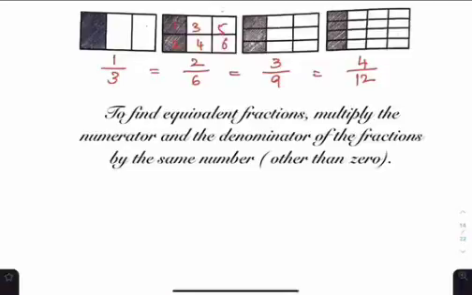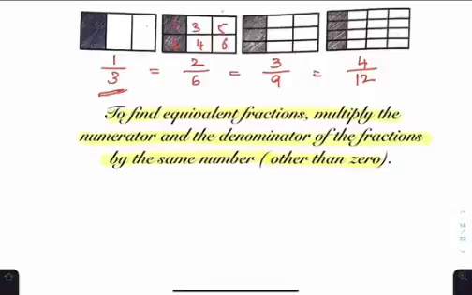If I don't know whether they are equal or not, or if I have to find an equivalent fraction for a given fraction, for example, if I am asked to find an equivalent fraction for this 1 by 3, how do I find it? To find equivalent fractions, multiply the numerator and the denominator of the fraction by the same number other than 0.